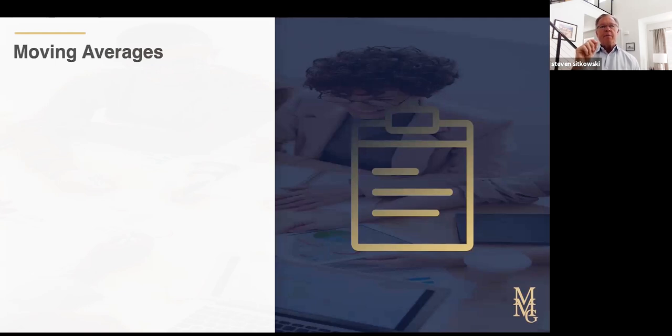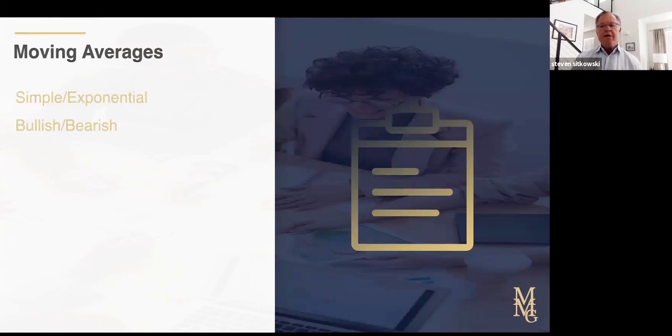Let's say the stock closed at 10, then it closed at 11, then it closed at 12. How would we get the moving average? We take those three numbers, add them together, divide by 3. So if it was 10, 11, and 12, what would the moving average be currently? It'd be 11, right? Okay, so that's what a moving average is.